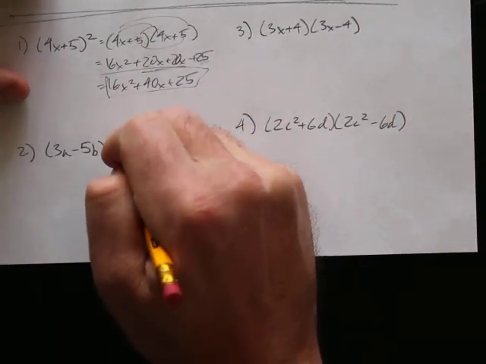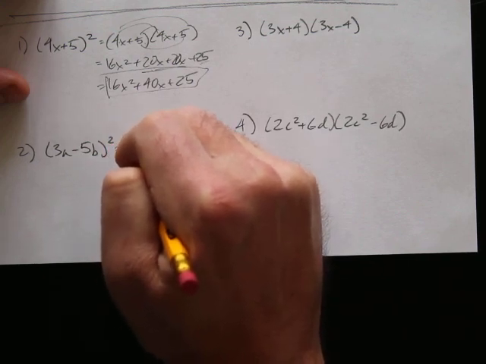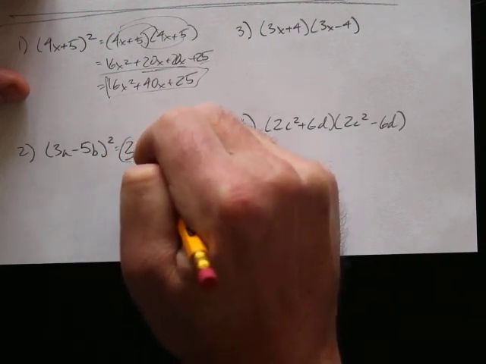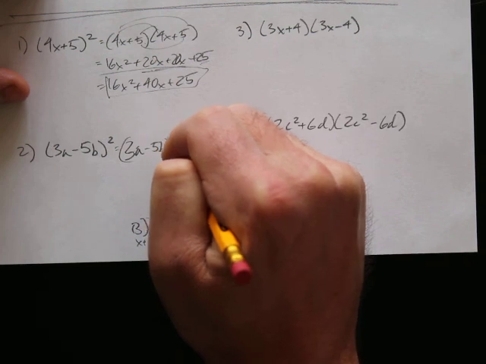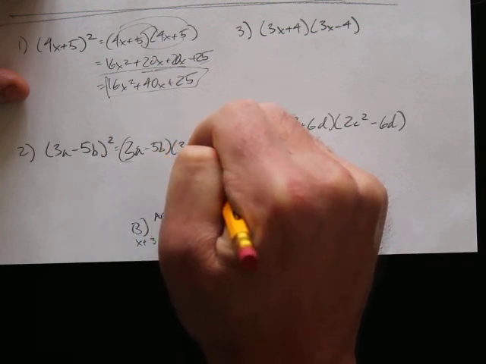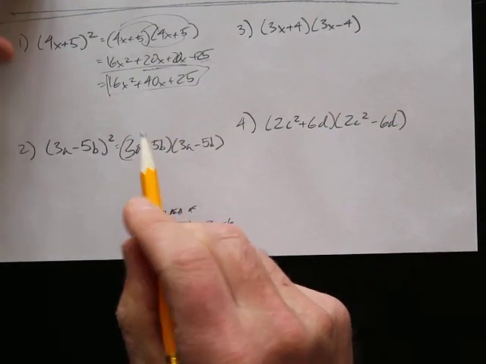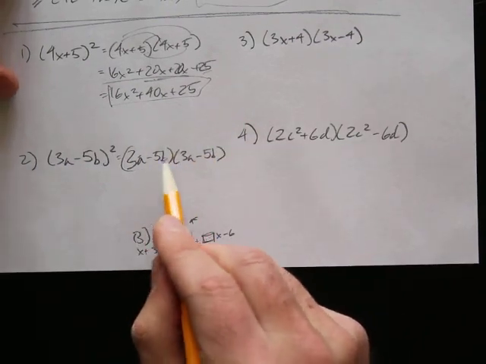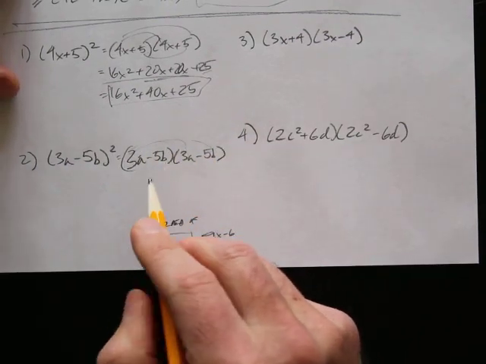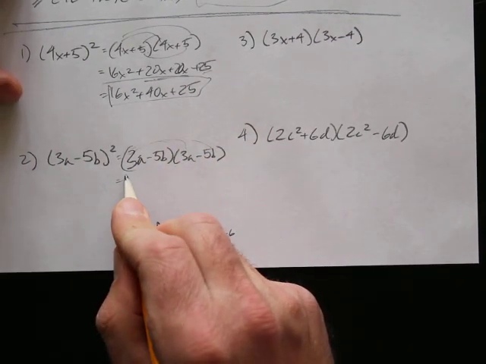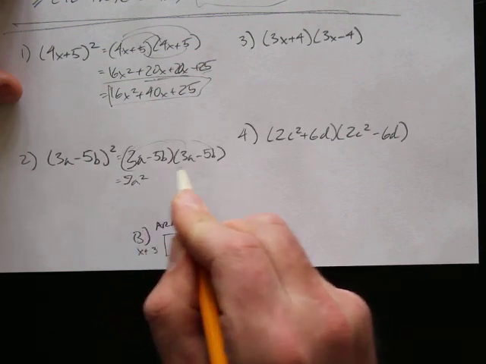Number 2, 3a minus 5b times 3a minus 5b. So very similar to number 1. Let's go ahead and FOIL this out. 3a times 3a is 9a squared.